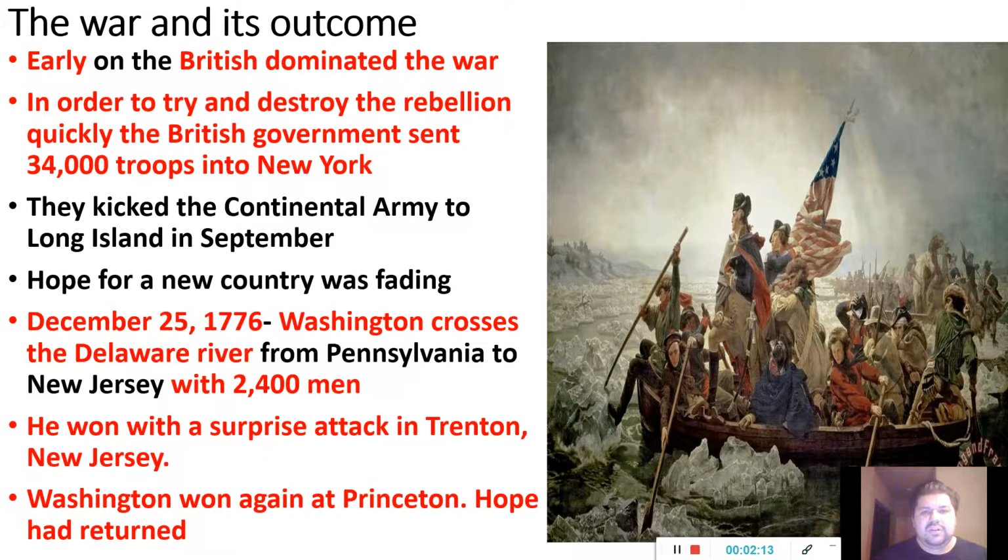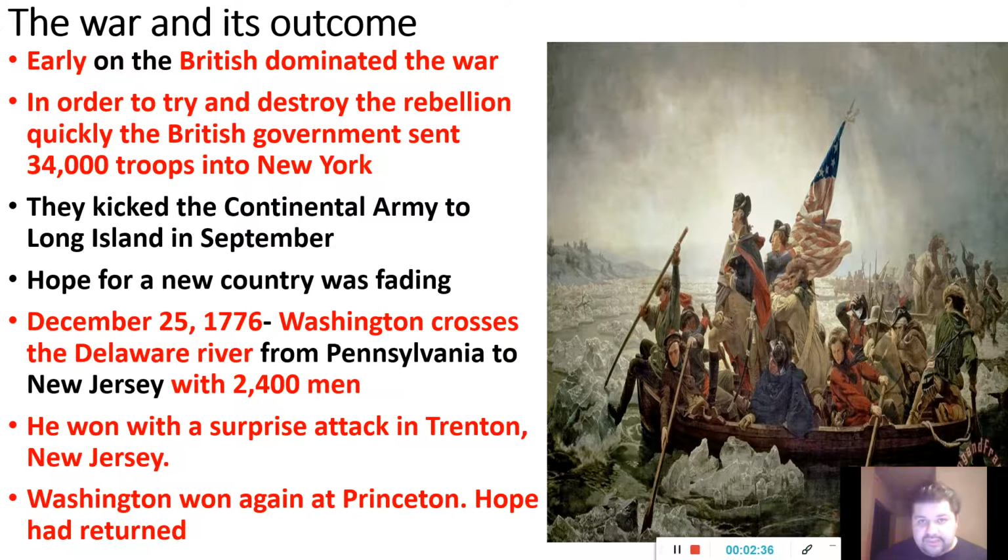Early on in the war, the British are beating the crap out of the colonies. The Continental Army is getting defeated left and right. They're going in like, hey, yeah, we can take them on, things like that. But in reality, the British Army is so much stronger. They are the biggest, baddest army in the world at that time.